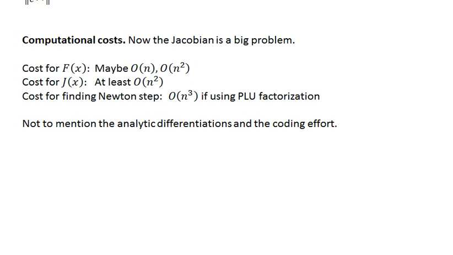Each time we plug an x into f, we do a constant amount of work for each component, so the output would take on the order of some constant times n flops. Now, if each output depends on all the variables, then each output takes order n to compute, and the total cost would be order n squared. So it just depends on the problem.